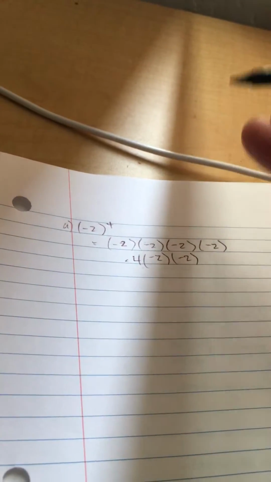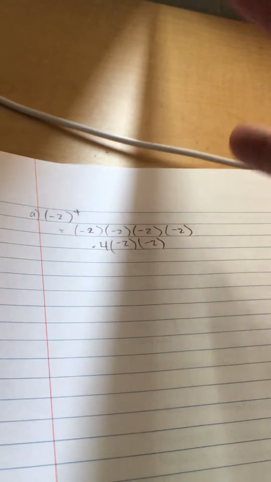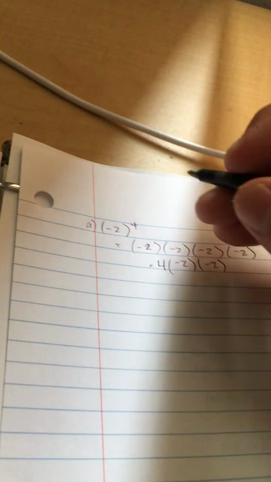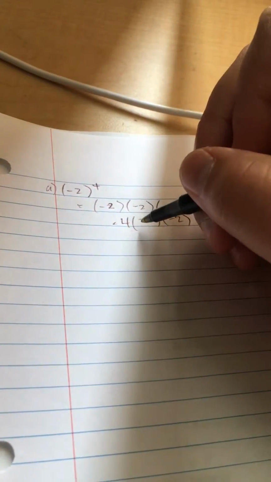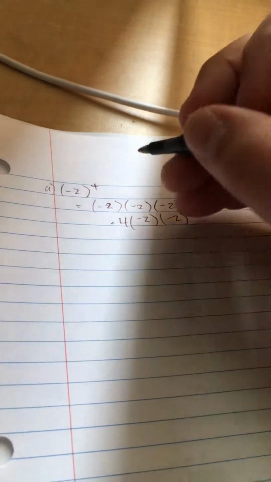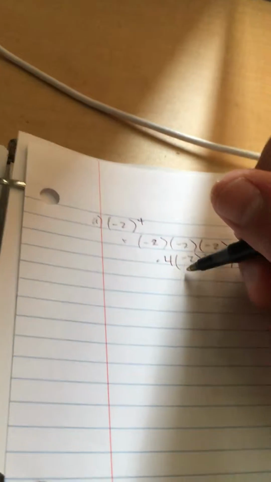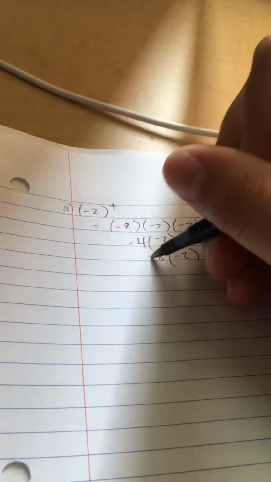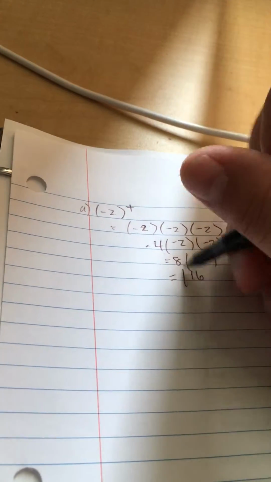So it's important to show your steps and show that you understand the context. To continue this, 4 times negative 2 is negative 8. Then negative 8 times negative 2 is 16, and that's your final answer. So the importance of the parentheses is just to work step by step.